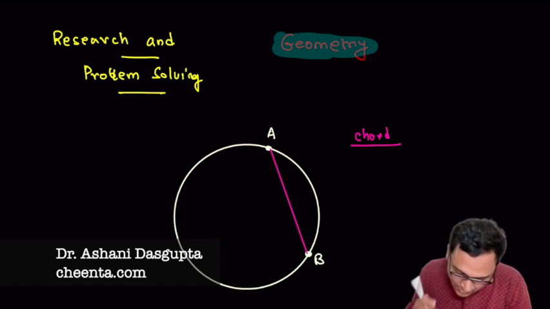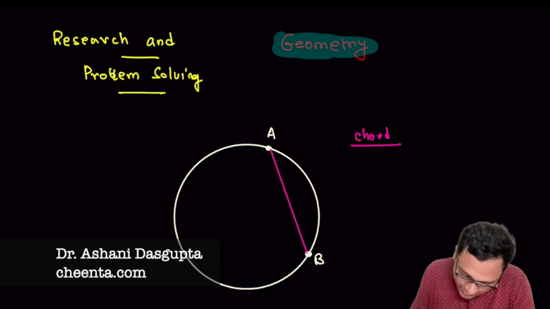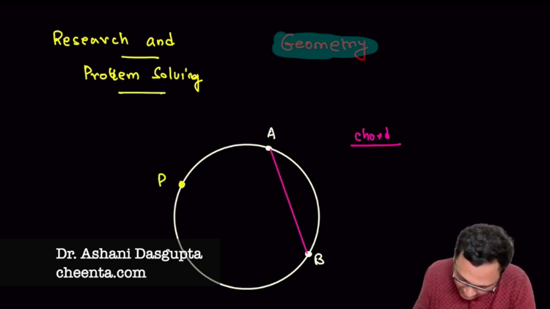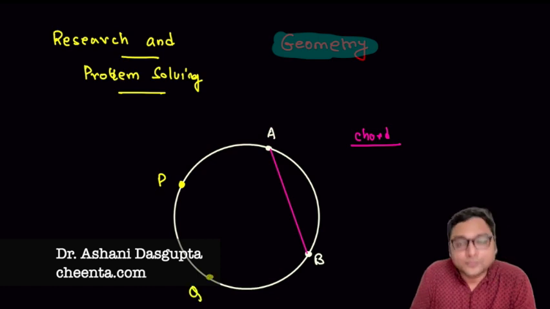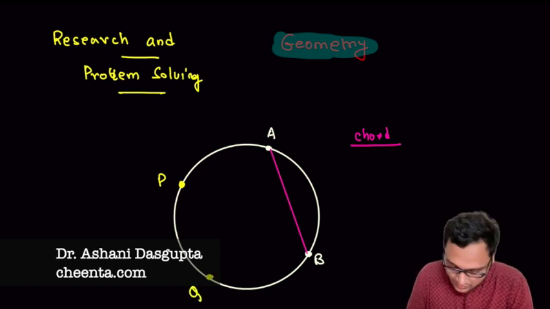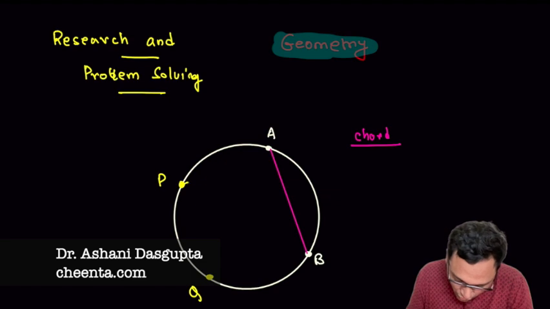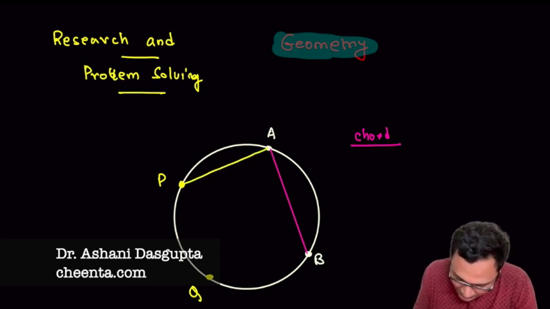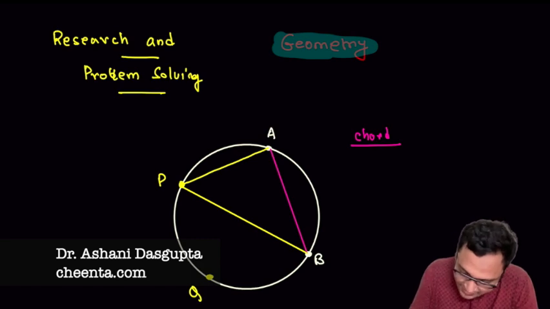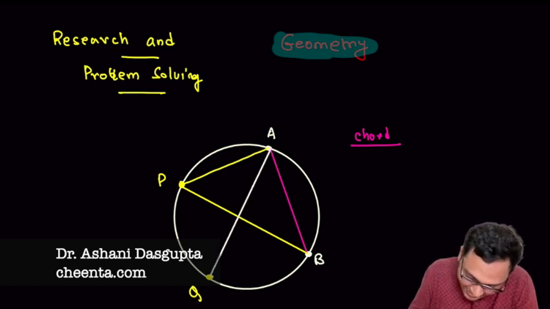And we draw a point here called P and another point here called Q. Okay? Let's join AP and BP. And similarly, let's join AQ and BQ.